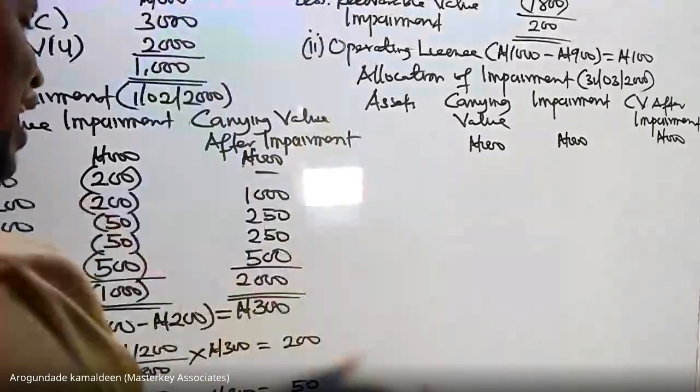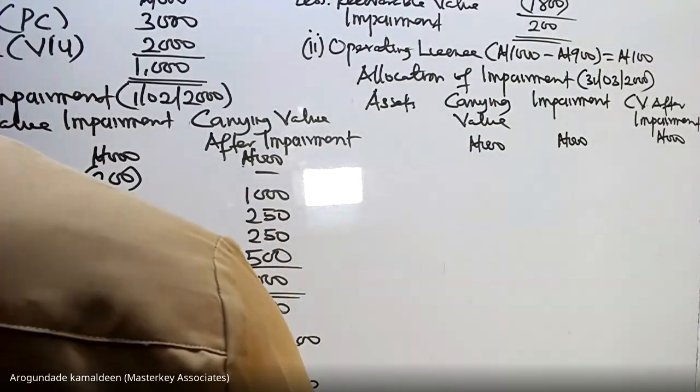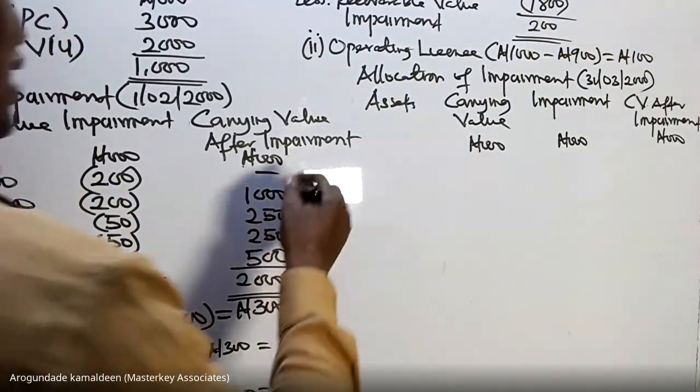In this case, there is no more goodwill because it has been taken off, but here we have the operating license.